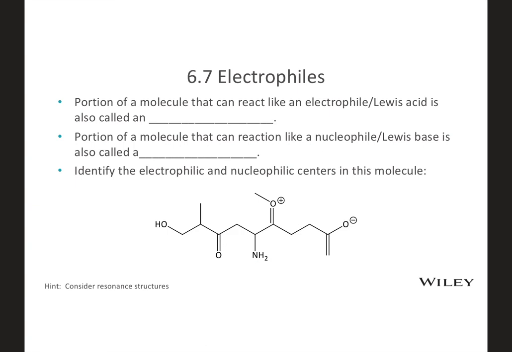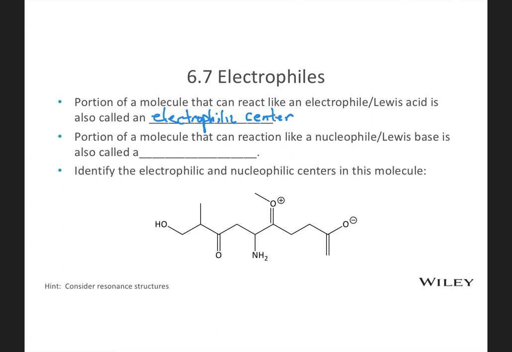All right, so just to add to some of the terminology here, a portion of a molecule that can react like an electrophile or a Lewis acid is also referred to as the electrophilic center. Okay, so if there is part of a molecule that is willing to gain electron density, we would call that part of the molecule the electrophilic center.